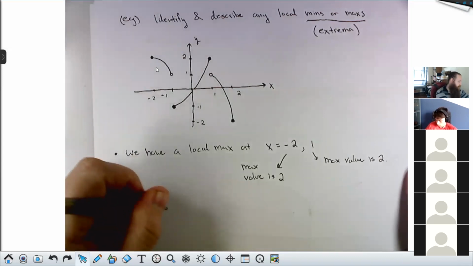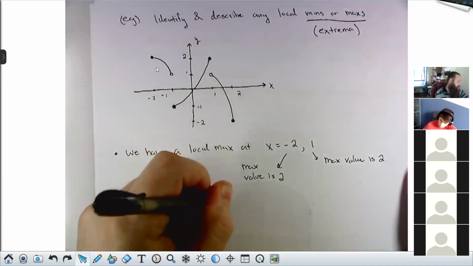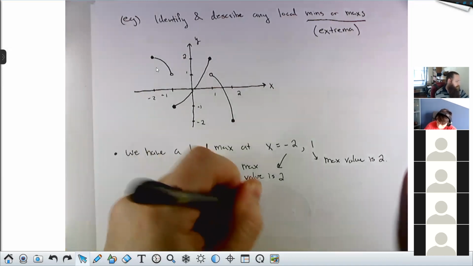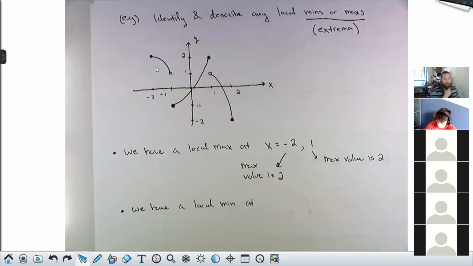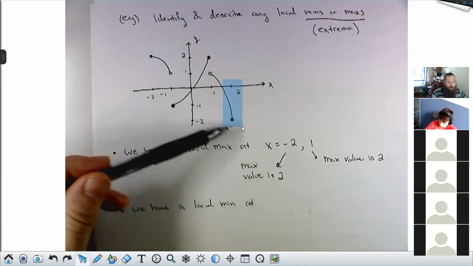We have a local min at what x values? At 2. Good. Yeah, over here at 2, if I draw a little window around the graph centered at x equals 2, we see that the point down here, which is the actual point on the graph associated with x equals 2, is the lowest point anywhere.